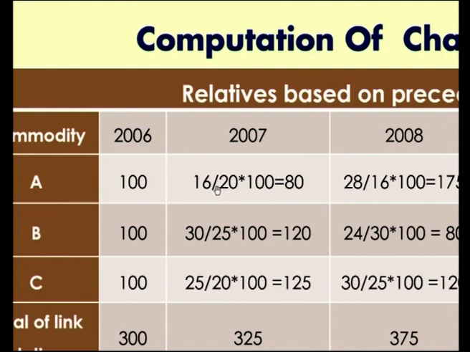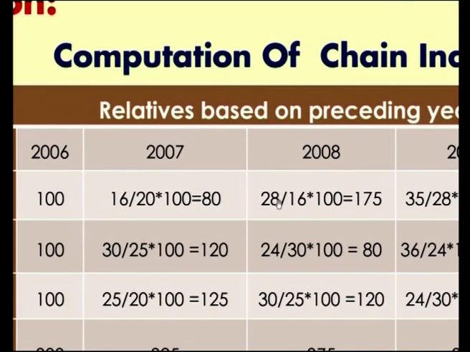For the year 2007, the current year value is 16 and the previous year 2006 value is 20. So, current by previous into 100 gives you the link relative for the year 2007, which is equal to 80. Similarly, for the year 2008, 28 by 16 into 100. 28 is the current value, 16 is the previous year 2007 value, into 100 gives you 175.